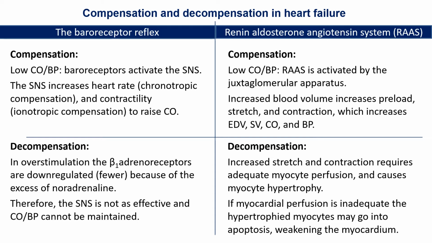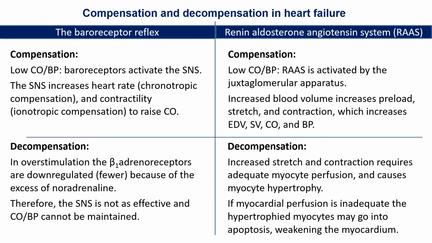If that perfusion is not adequate for these hypertrophied myocytes, so remember this could be where we get our thickened myocardium, they may go into apoptosis. They become stressed. Remember we talked about apoptosis in the last video.